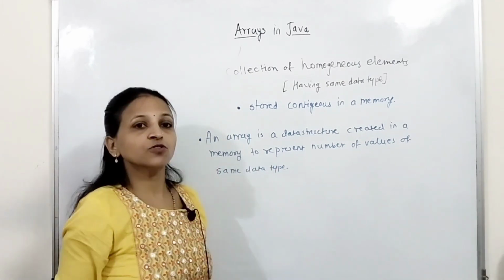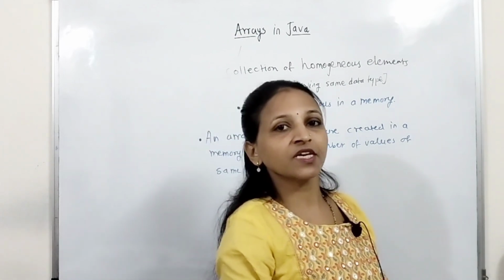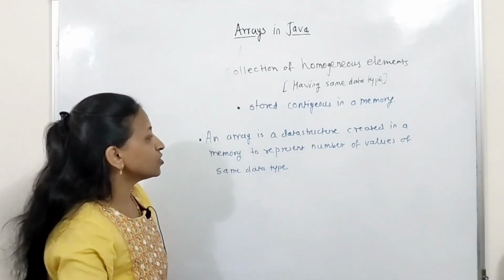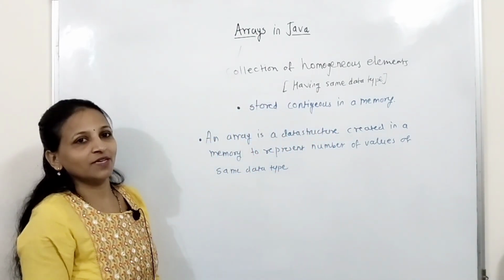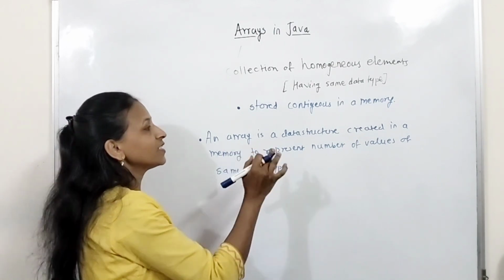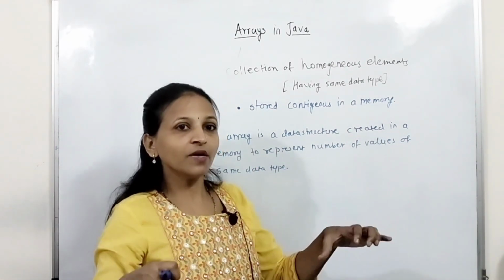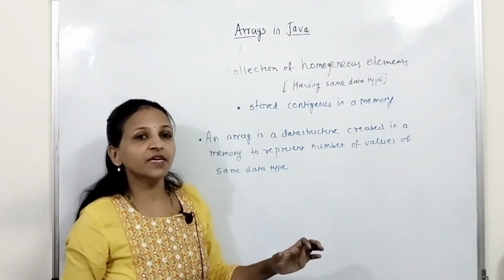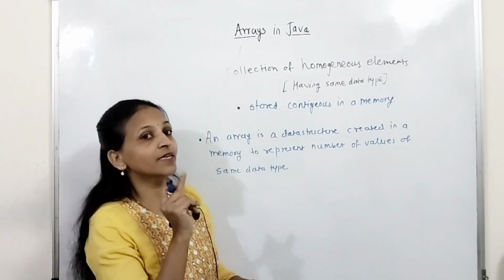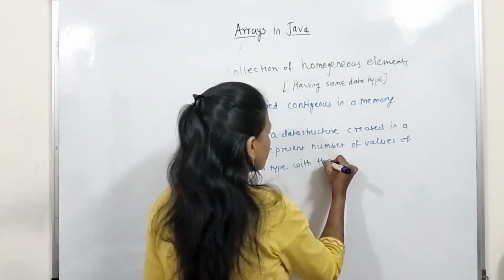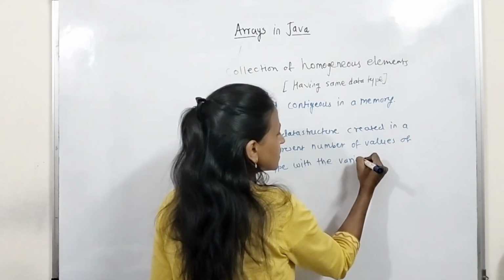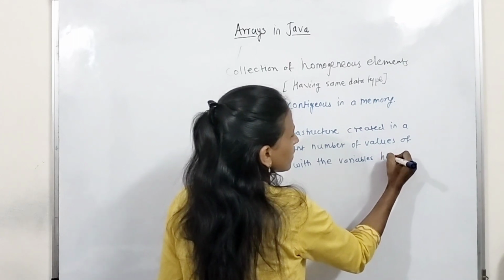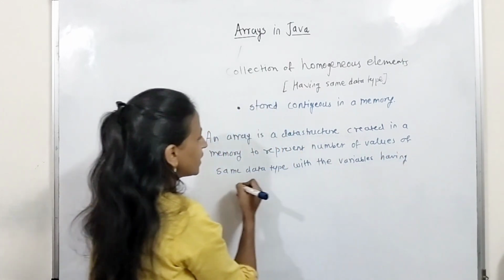Actually, the number of elements of the same data type you are storing inside memory. So an array is a data structure created in memory to represent a number of values of the same data type sharing a single variable name.